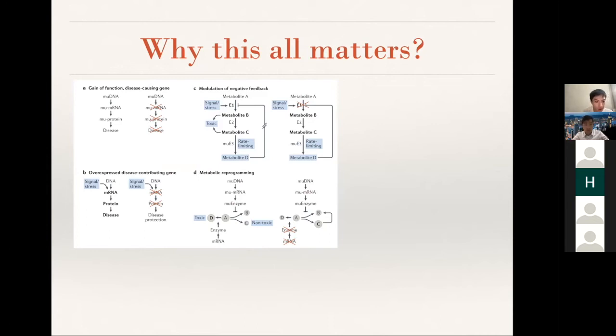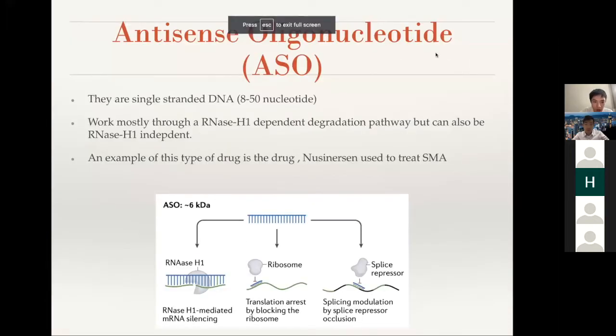Now, let me talk about the different modalities of RNA therapeutics and how they can be used to address what I just said. The first example we can talk about is antisense oligonucleotide, or ASO.